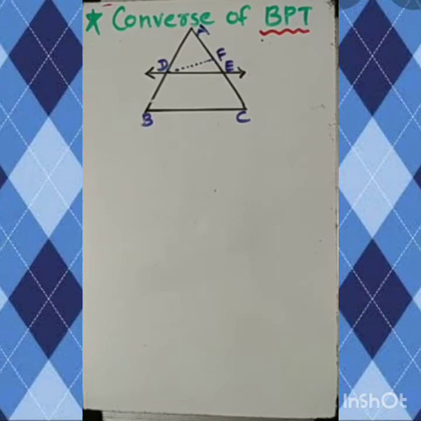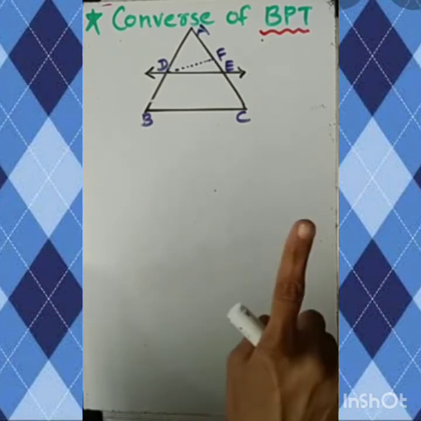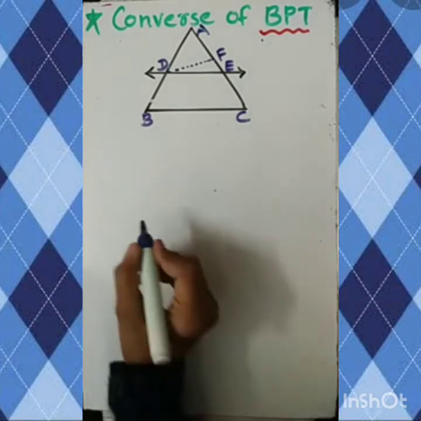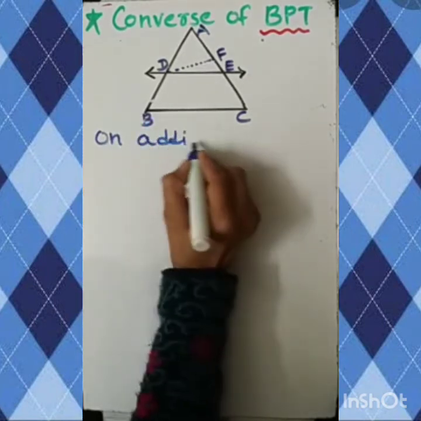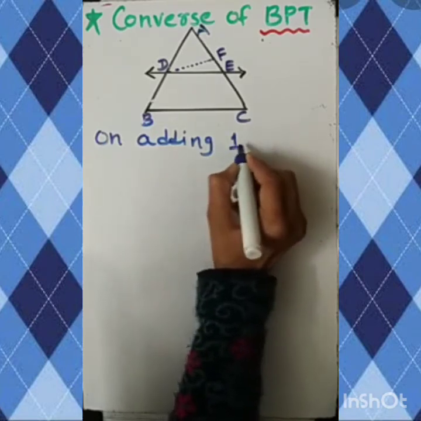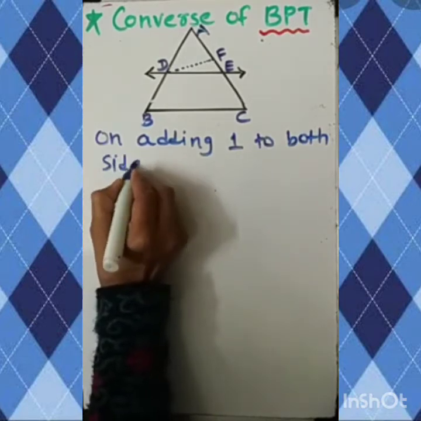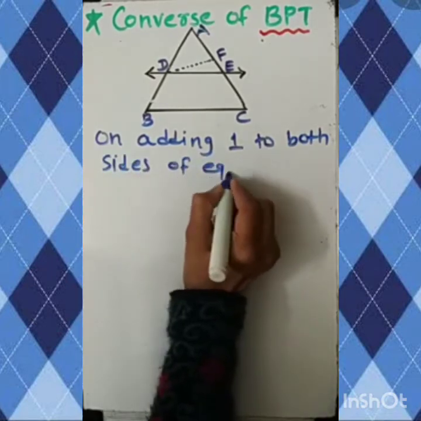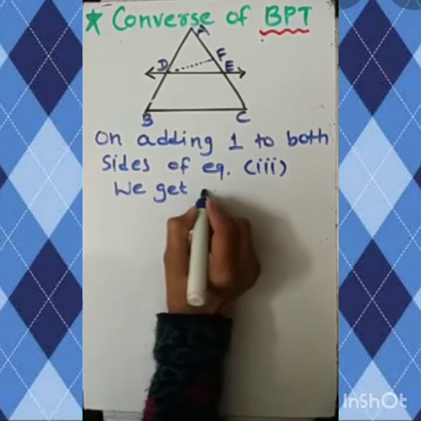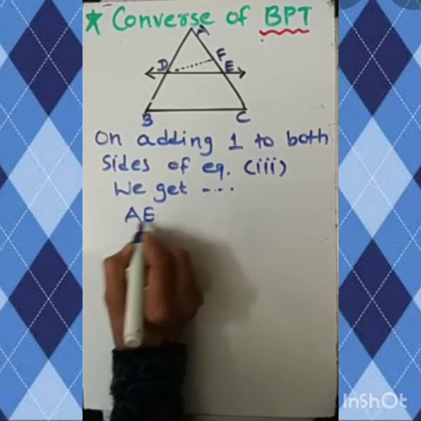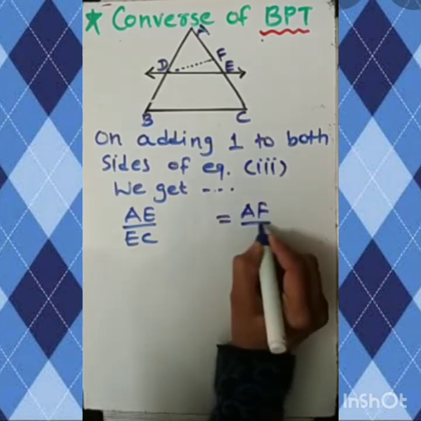Let's continue with the converse of BPT. This is the third part. We got three results: result 1, result 2, and result 3. Now on adding 1 to both sides of equation 3, what do we have? AE upon EC is equal to AF upon FC.